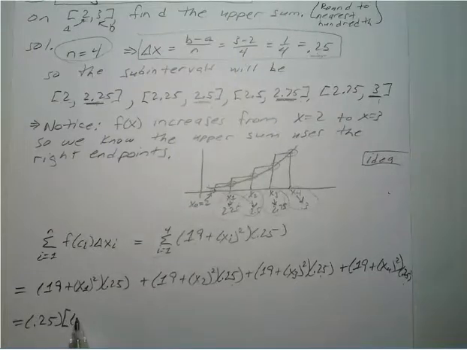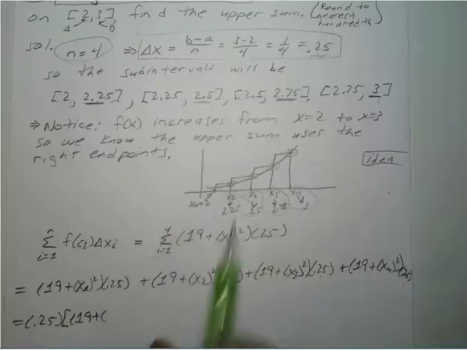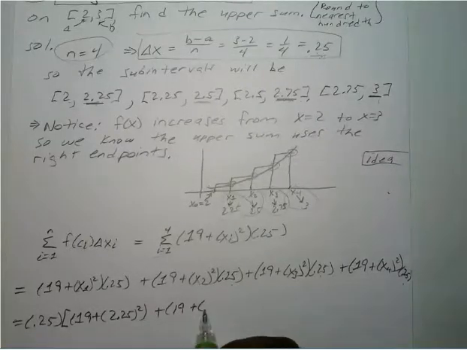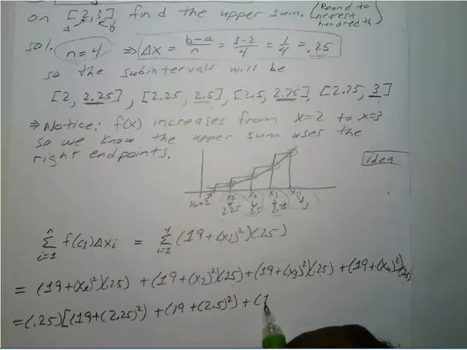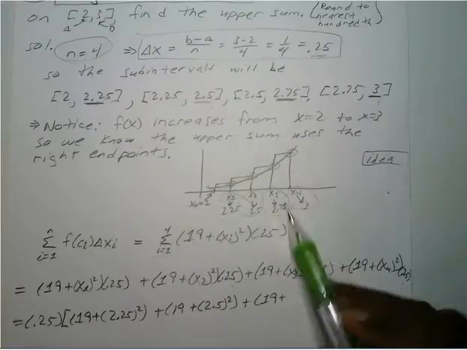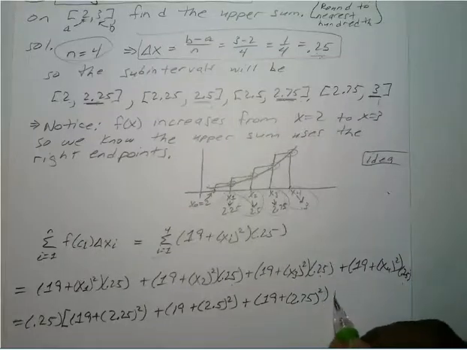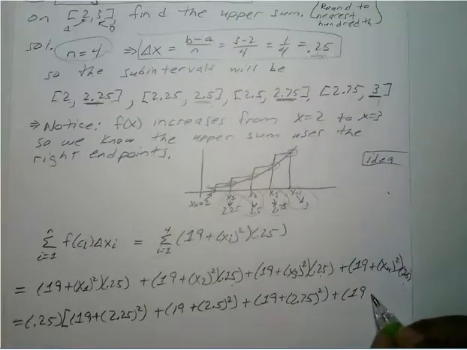Okay, so first we have our 19 plus x sub 1, which is 2.25, squared, plus we have our x sub 2, so that's 19 plus 2.5 squared, plus 19 plus our x sub 3, which is 2.75 squared, plus 19 plus 3 squared, our x sub 4.